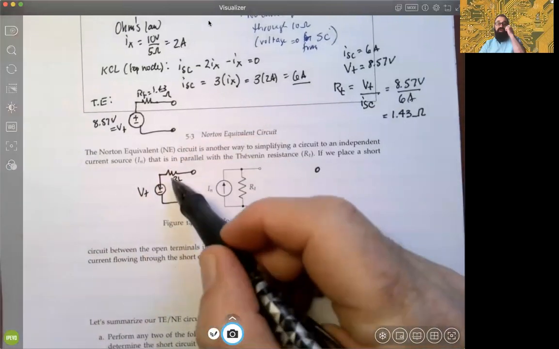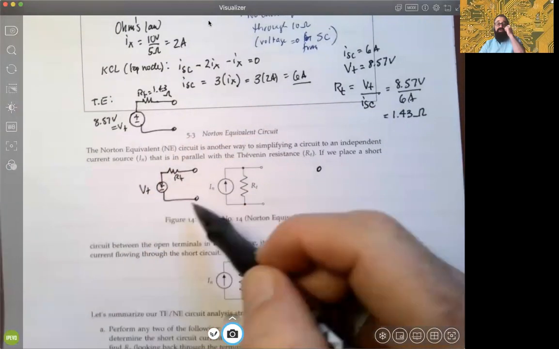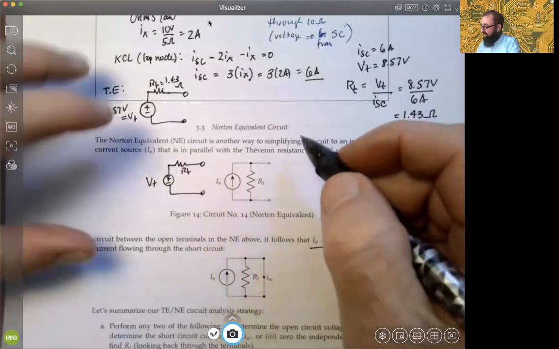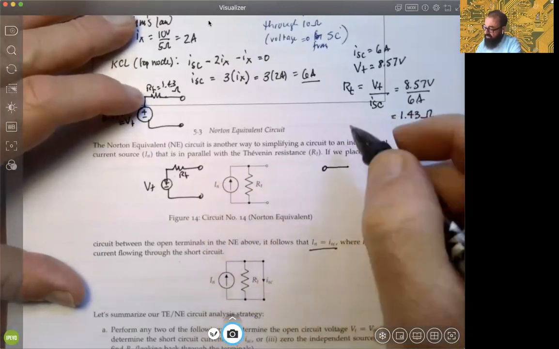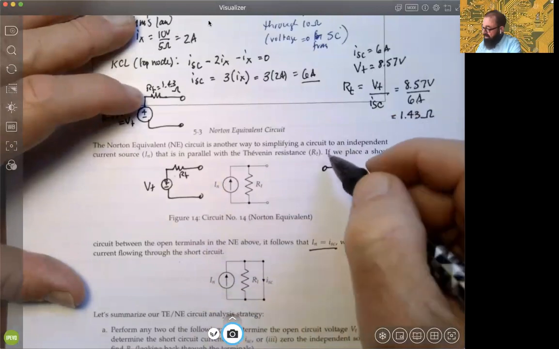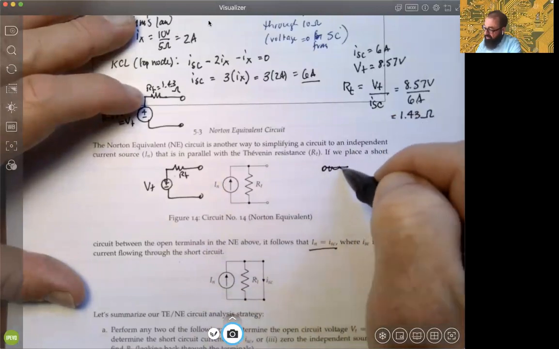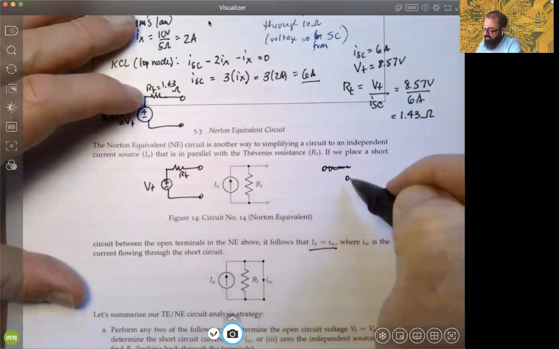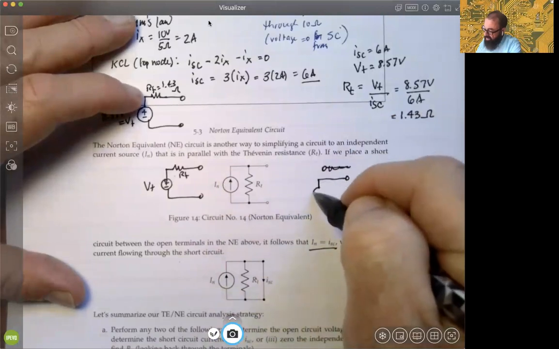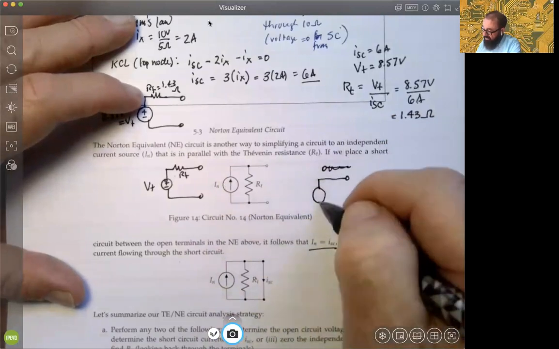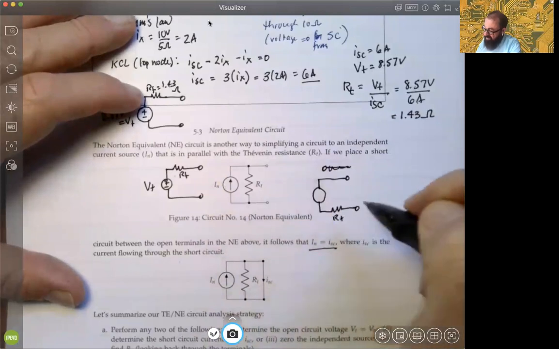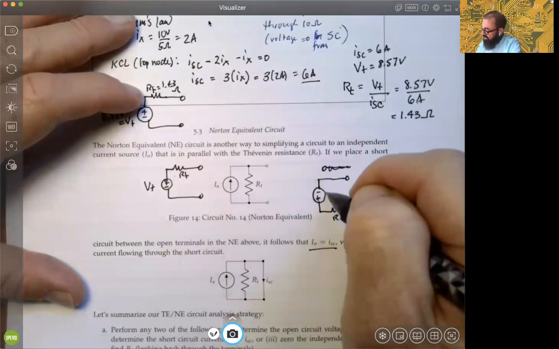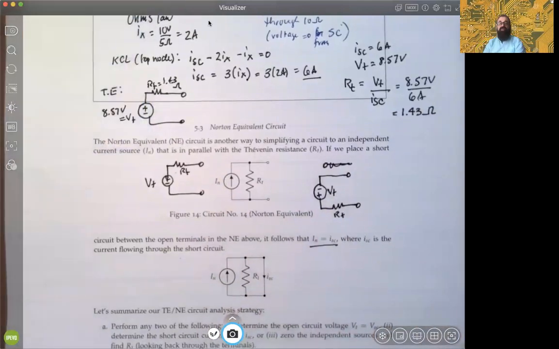So notice positive polarity at the top, negative at the bottom, arrow points up. If for some reason you had this situation, let's draw it from this direction. Let's suppose we had this. It's flipped upside down. So here's your Thévenin resistance, plus minus, there's VT now.